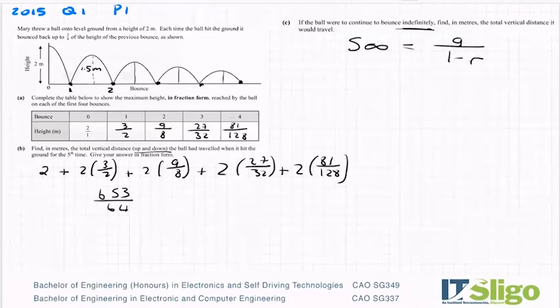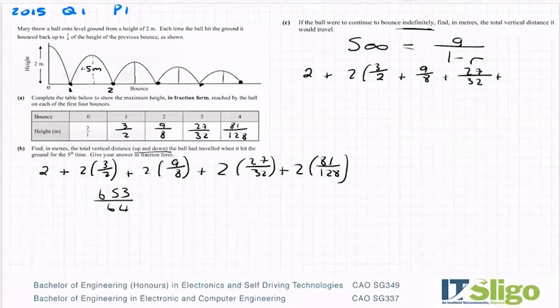Okay, so I would say in this one, my sequence is 2 plus 2 times 3 over 2 plus, well, let me factor out that 2 because that might make more sense, plus 9 over 8 plus 27 over 32 plus and so on.